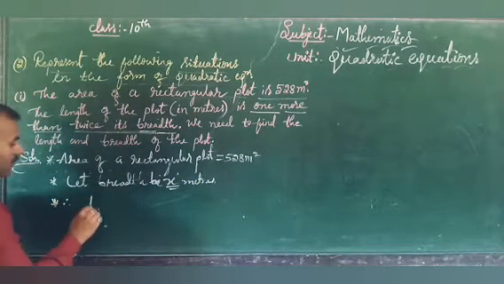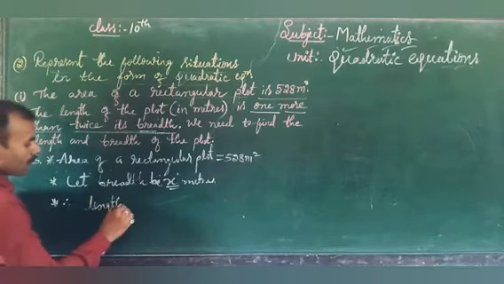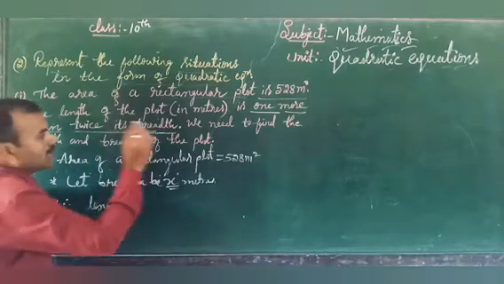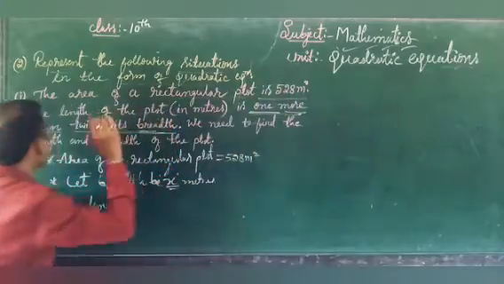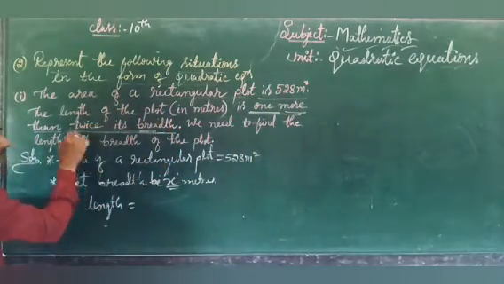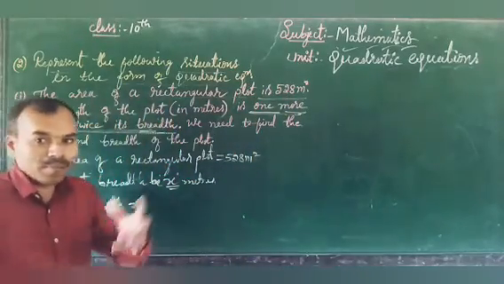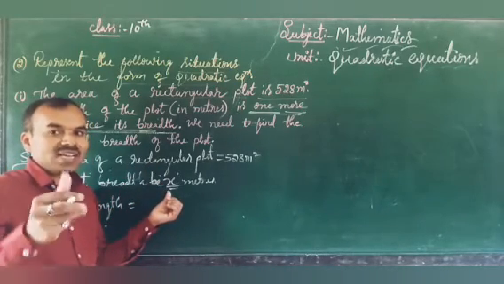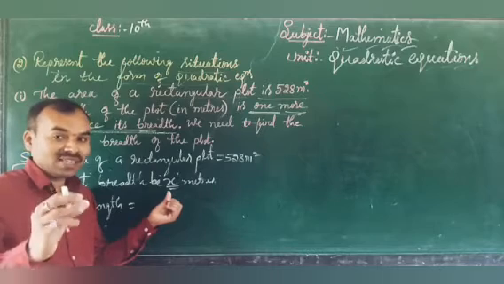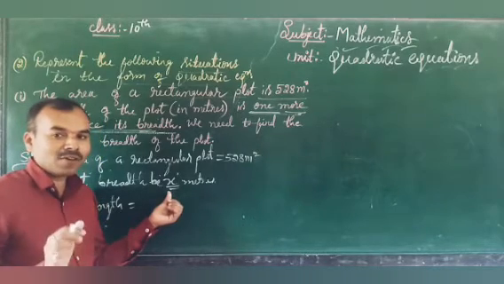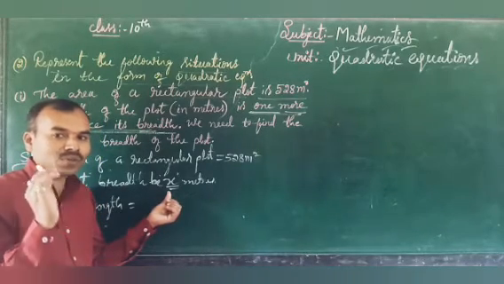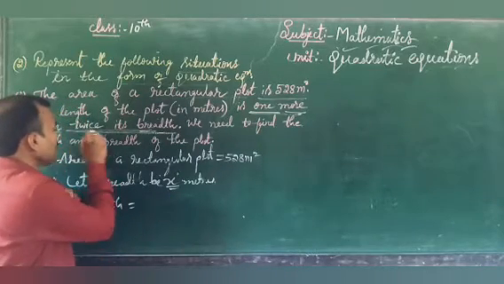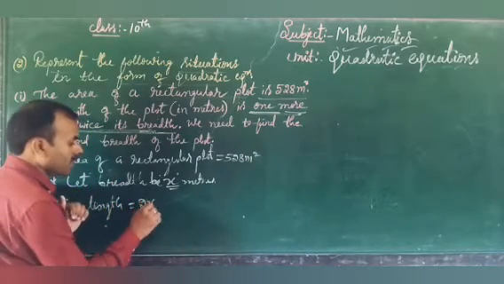Therefore, length is equal to 1 more than twice its breadth. Breadth is x, and twice the breadth means 2x. We have to multiply x into 2, because it is twice, 2 into x.